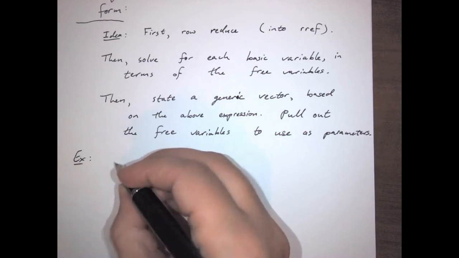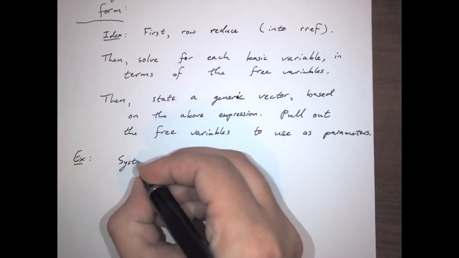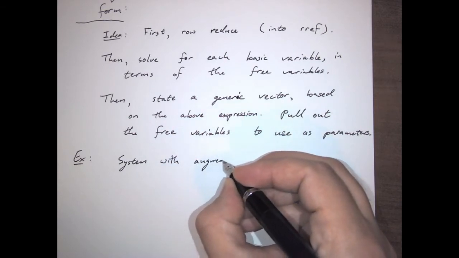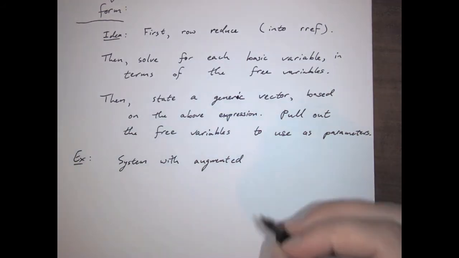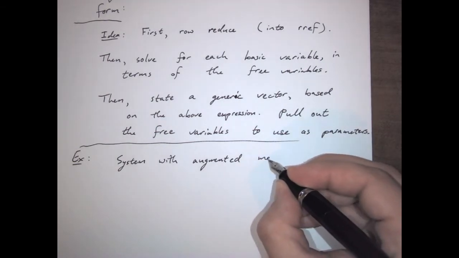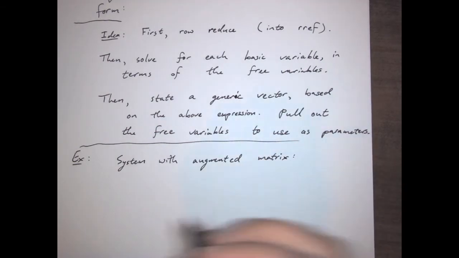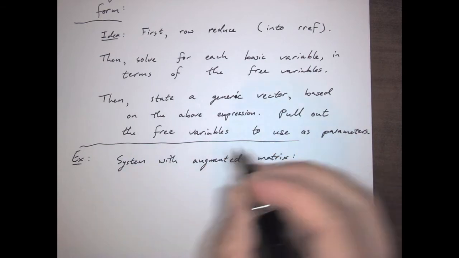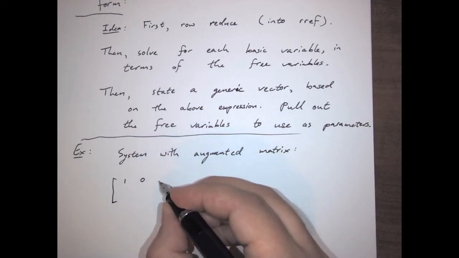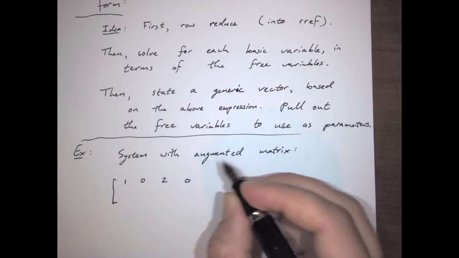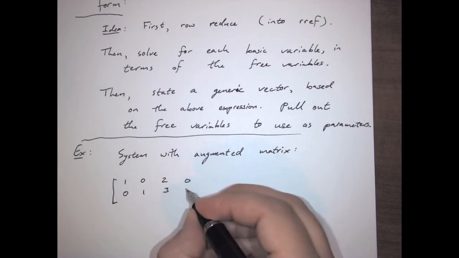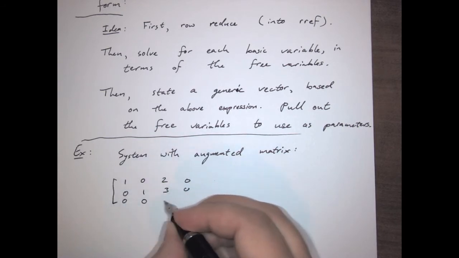So as an example, let's take the system with, we're just going to cut to the chase here. We're going to skip straight to the augmented matrix. Let's say it looks like this: 1, 0, 2, 0, 0, 1, 3, 0, 0, 0, 0, 0.